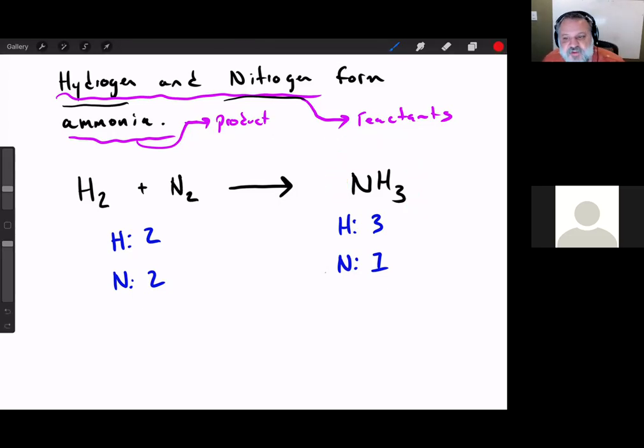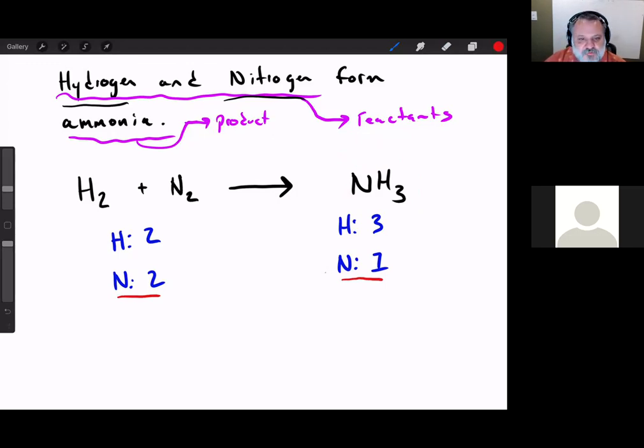Okay, let's try to figure out how to get them to equal the same. How could I do that? I think I would start here with nitrogen. One good piece of advice is that you don't do hydrogen first. You do non-hydrogen, non-oxygen atoms first. We'll spell all this out next time.